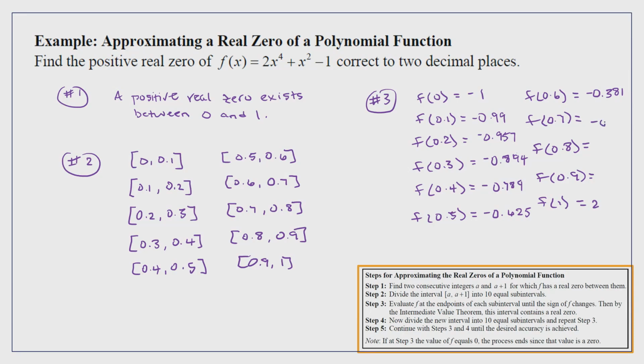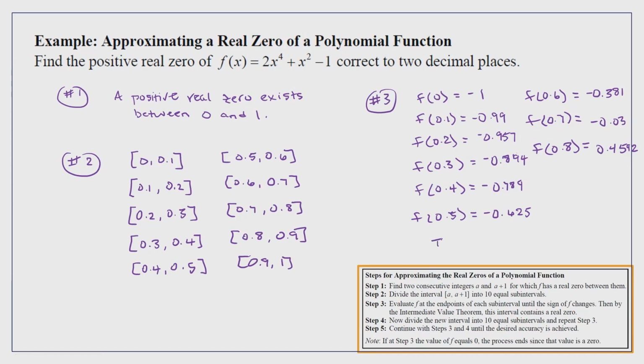And then we have negative 0.03. And then 0.8, we have 0.4592. And so we can stop right there. We don't need these because our sign changes between 0.7 and 0.8.